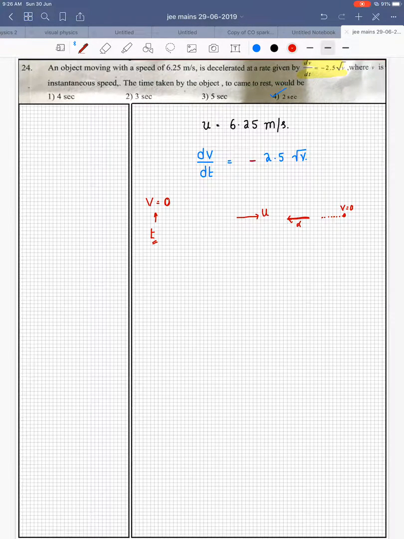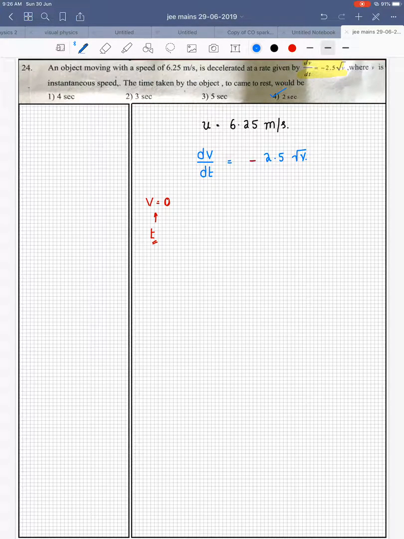Okay, and if the deceleration continues to act, maybe you will again move in the backward direction. But in the question, he is concerned only about this particular instant where velocity equals 0, and he wants how much time it has taken for the velocity to come to 0. So how do you solve it?